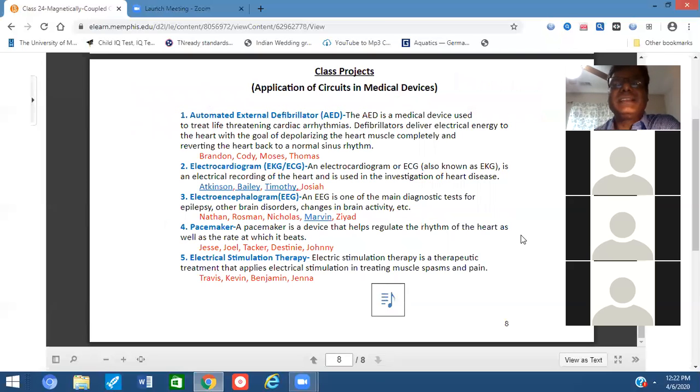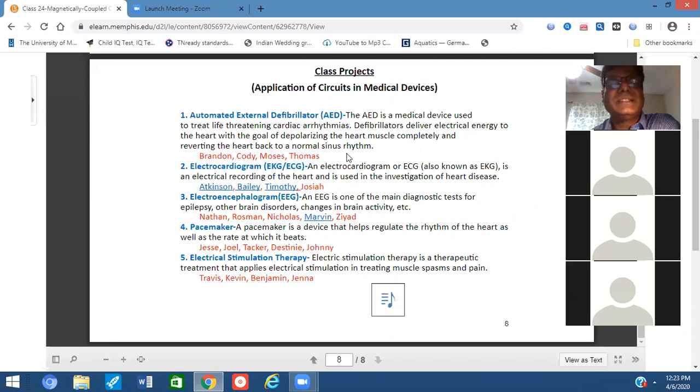Here is the last slide for today. You remember that at the beginning of the semester, I assigned you a class project. There are 5 projects, all related to application of circuits for medical or biomedical devices, and I assigned you by name. The first one is AED, Automated External Defibrillator, then for brain drain, Cody, Moses, and Tommy.